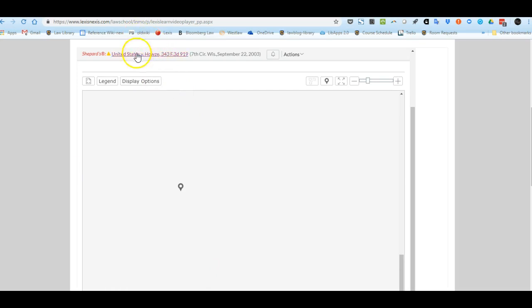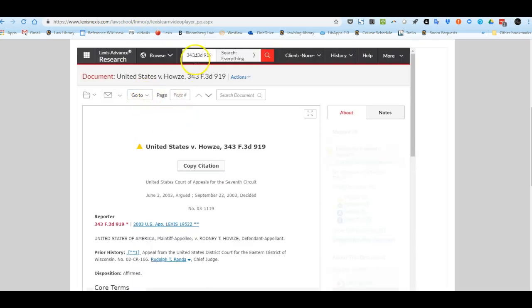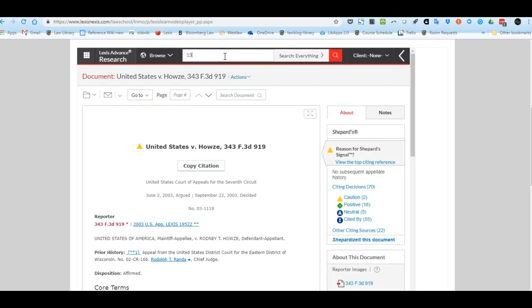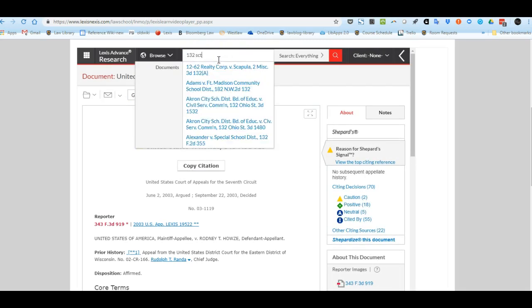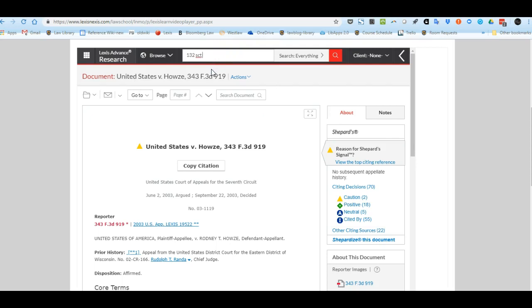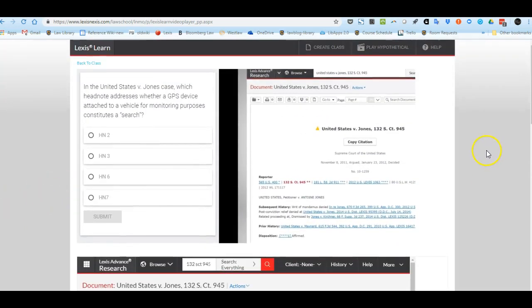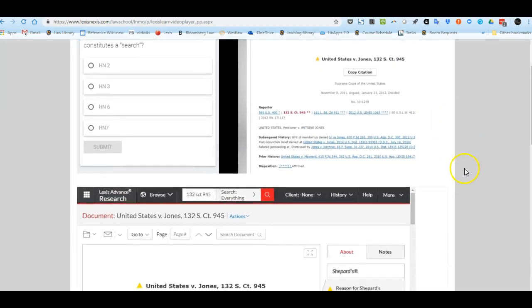And I'm going to get myself there as well. 132 SCT 945. And the question is, what headnote in that case addresses whether a GPS device attached to a vehicle for monitoring purposes constitutes a search?